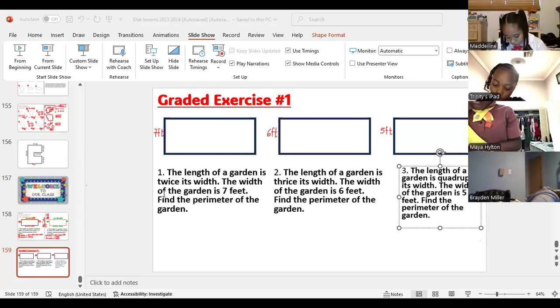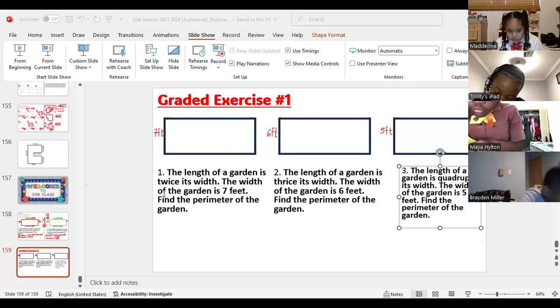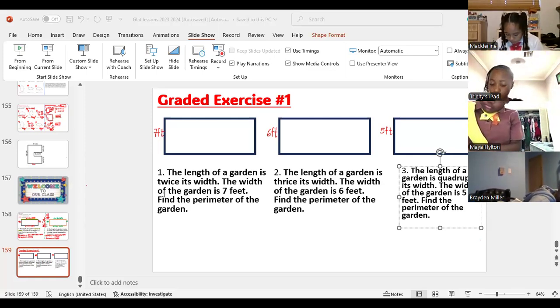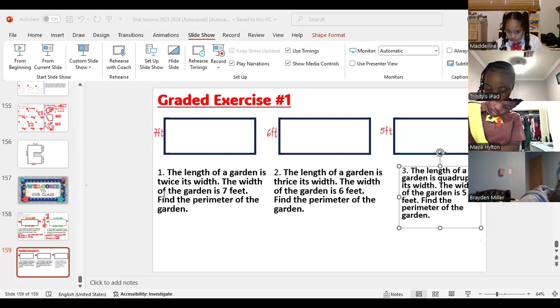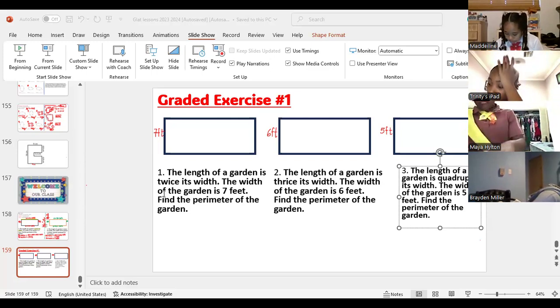And Gianna and Joel, what number are you on? We're still doing the one in the chat. So y'all haven't finished writing down the notes yet? Finish with the notes. She just had to finish them. Okay.